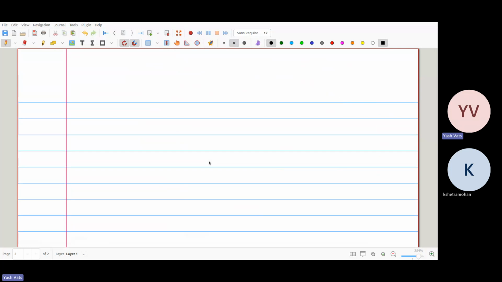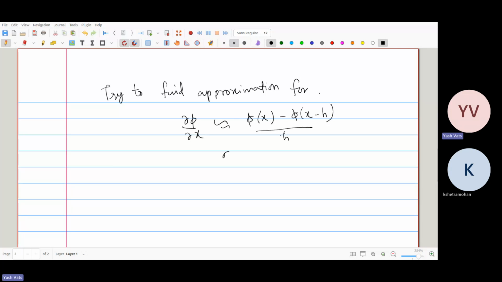Try to find the approximation: del phi over del x can be approximated as phi x minus phi x minus h divided by h, or del phi over del x at xi can be approximated as phi i minus phi i minus 1 divided by h. h is basically your delta x.